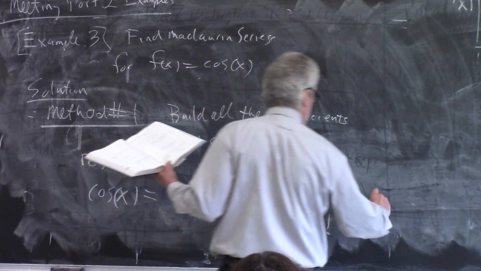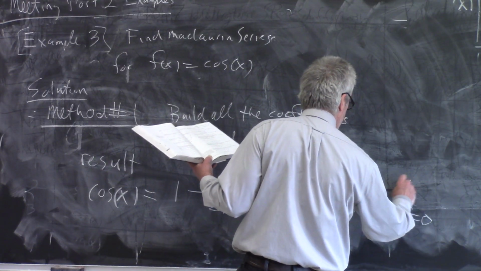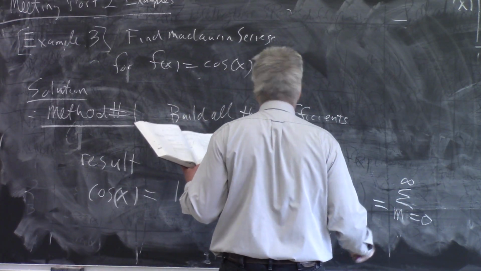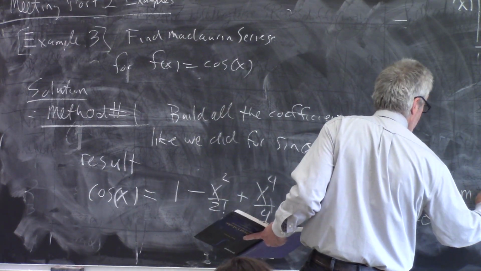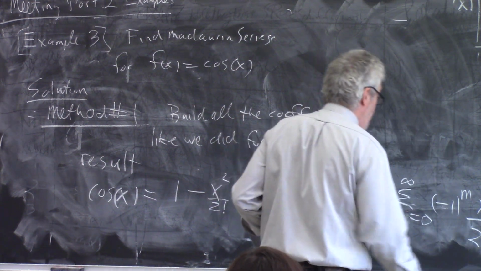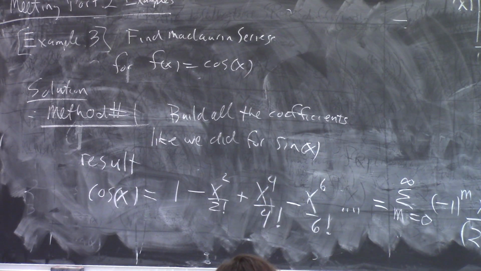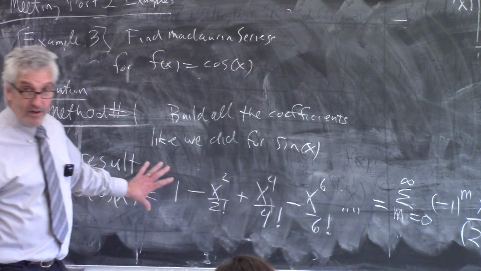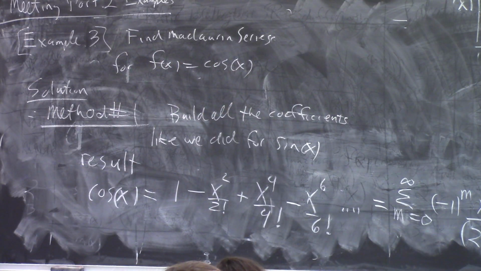And what that is the sum as m goes from 0 to infinity, I'm going to use m as in Mary or as in maraschino, of minus 1 to the m, x to the 2m over 2m factorial. There should be 2m in parentheses, factorial. So that's everything just like what we just did, including the fact that this series does converge and it does actually equal cos x. So you can see the book for that solution.